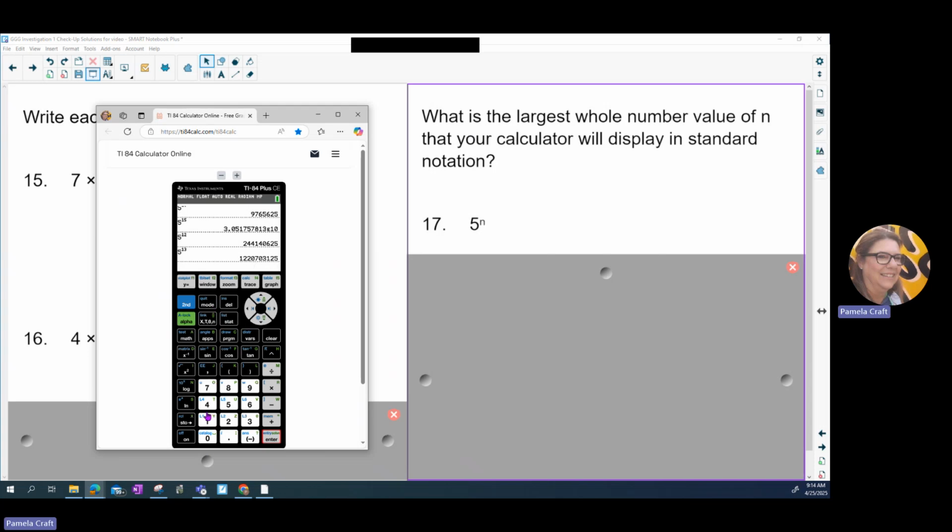Still no scientific notation. Still no scientific notation. So it looks like 15 is going to be the first time that we get scientific notation. So what they want is the last whole number where it's displayed in standard notation, and that would be 14.